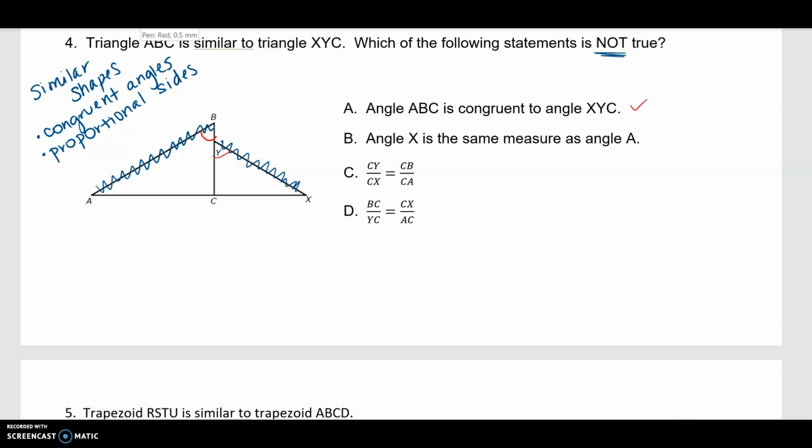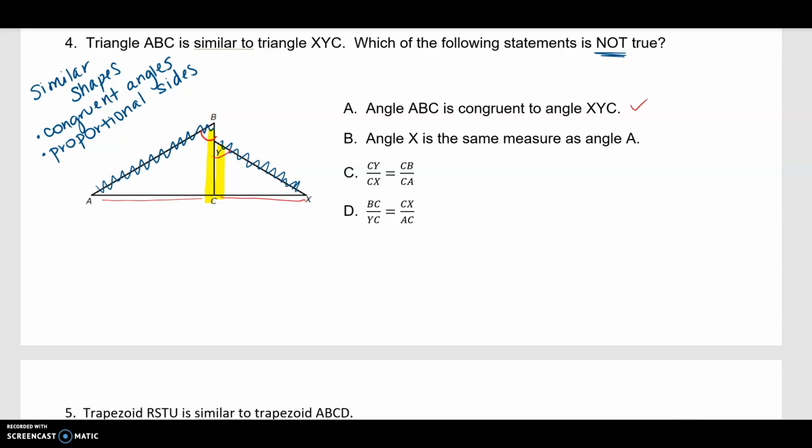Let's look down here at D. D says BC, which is this one here, and then YC corresponds to CX, and AC.